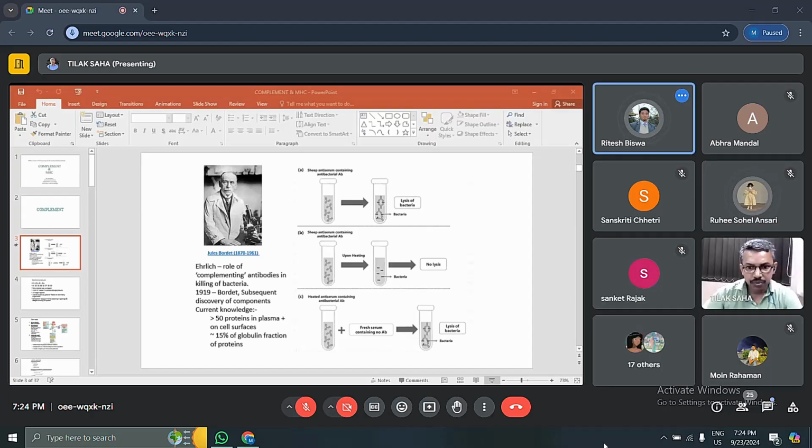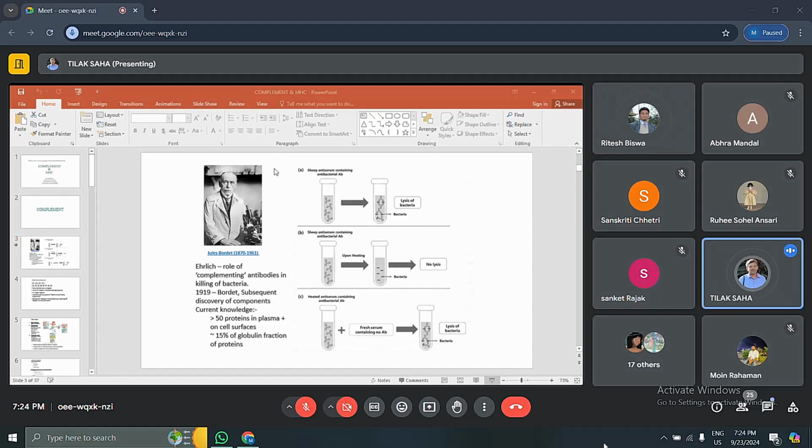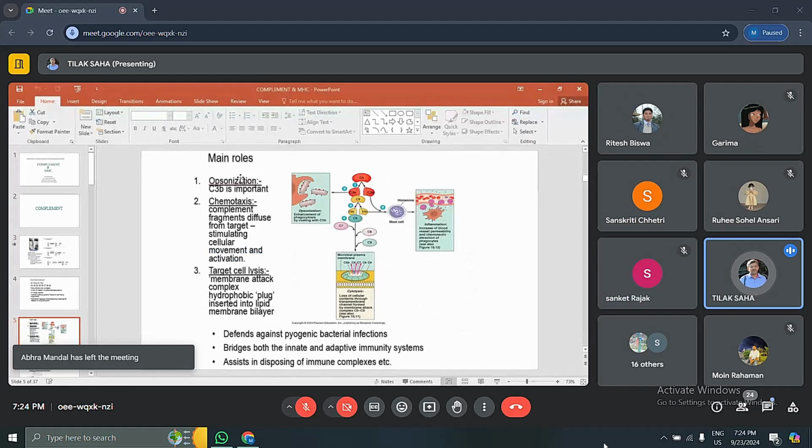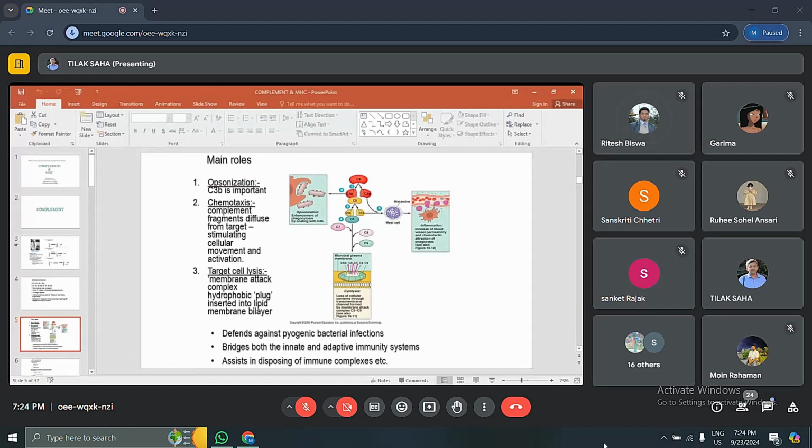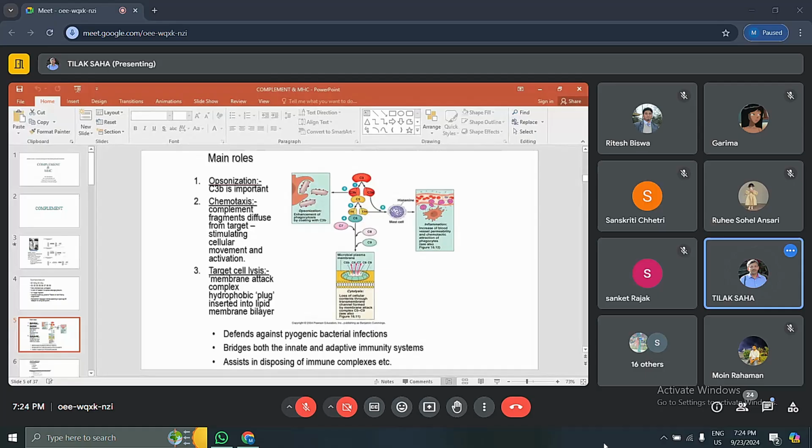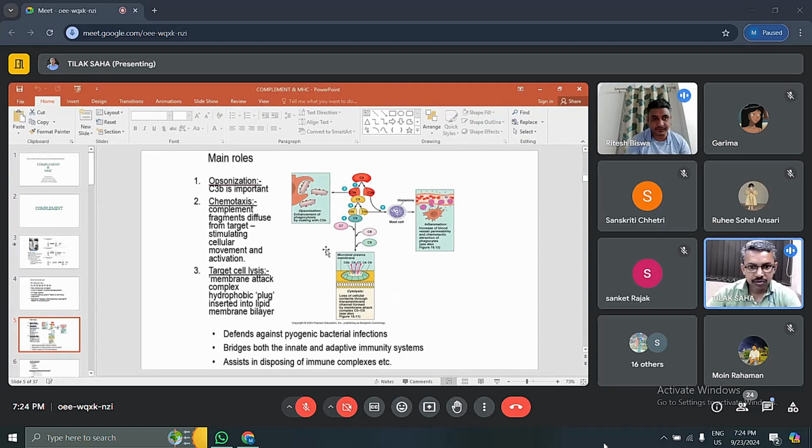Can you see that? It is stuck at that slide. Okay, I am sharing once more. Yes, I changed it now. It is coming now, isn't it? Everyone can see it now, right?